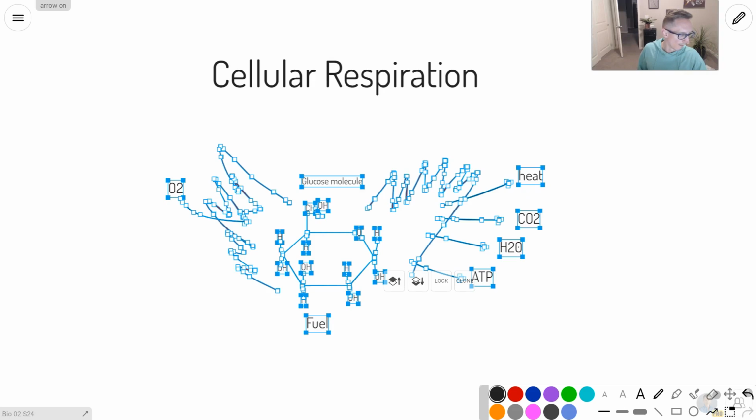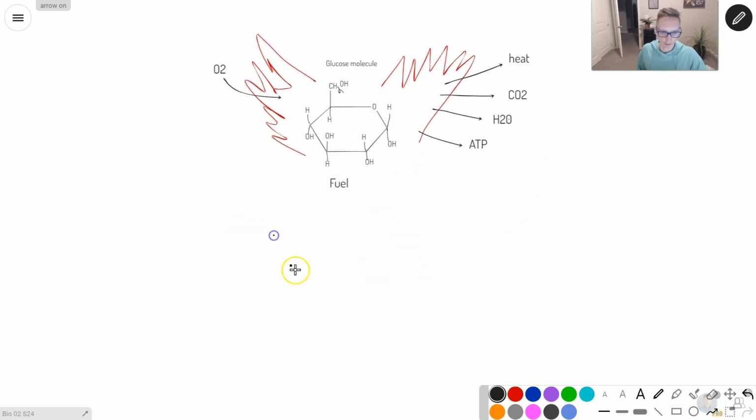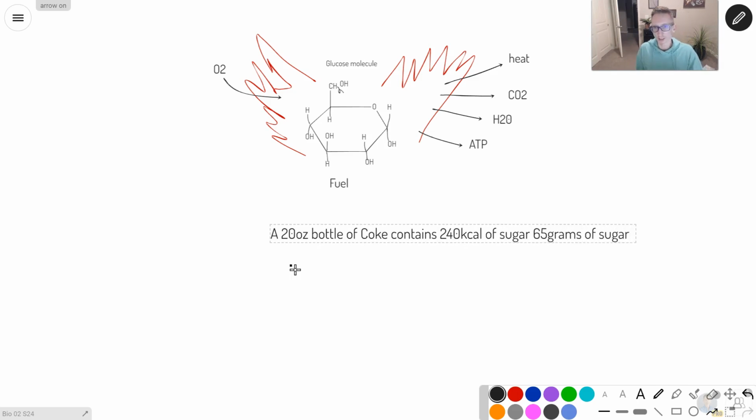That's about 240 calories, or kcal, of sugar. That's crazy.